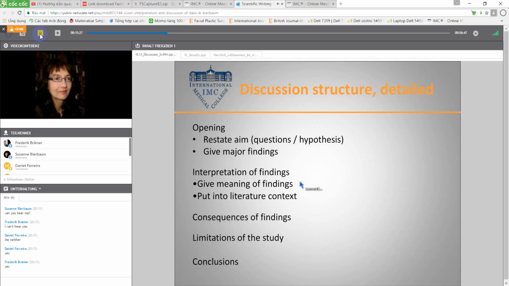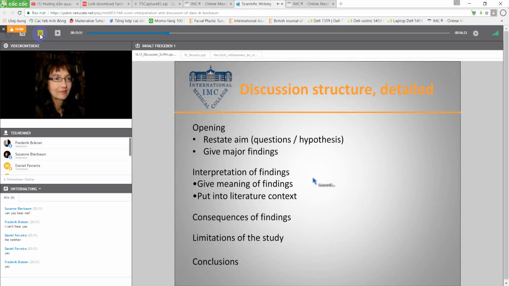Anyway, opening, we said that already. Restate your aim with your research questions and or your hypothesis, and shortly give your major findings. Then we have the body, that's point 2. It includes the interpretation of the findings. What do they mean? How they fit into the context of the literature.